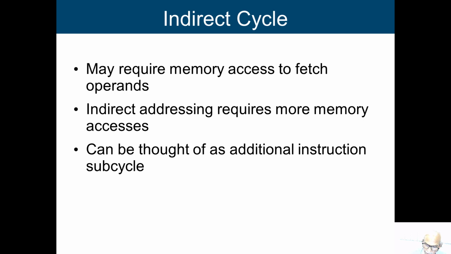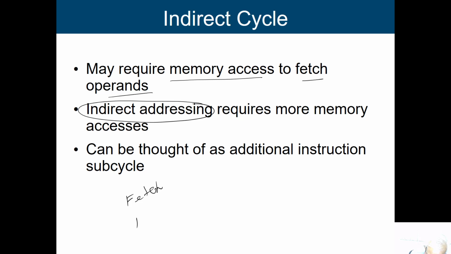Again we have to access the memory to fetch the operands. Indirect addressing requires more memory access. We will see what those indirect addressing modes are; currently, I am not going to talk about it. It can be thought of as an additional instruction subcycle. So, we are talking about fetch and execute.